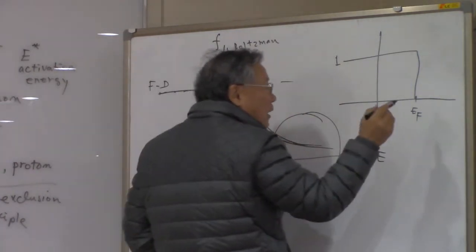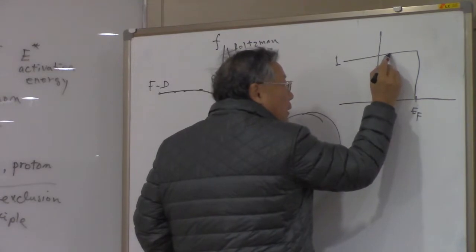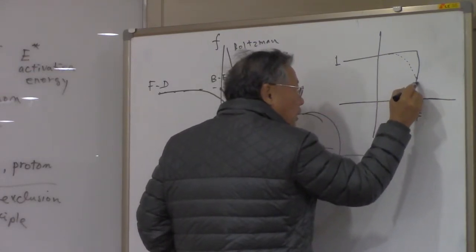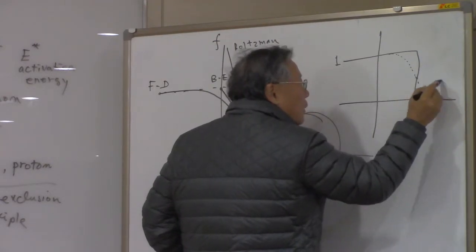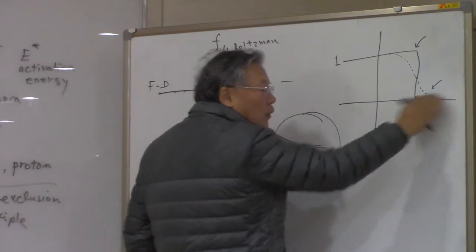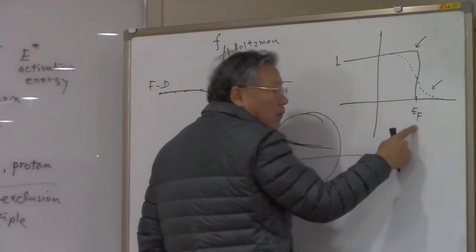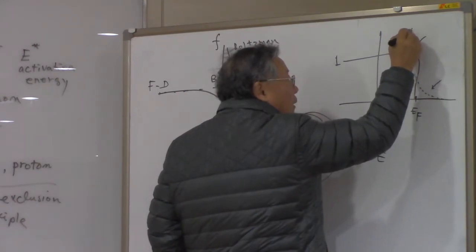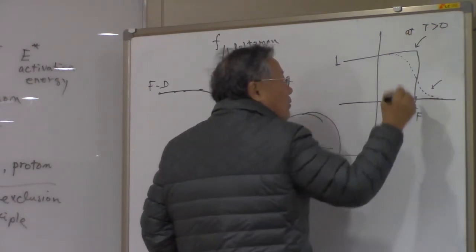But at elevated temperature, then you're going to have spillover. This part is going to move to beyond the Fermi energies at elevated temperature, T greater than 0.